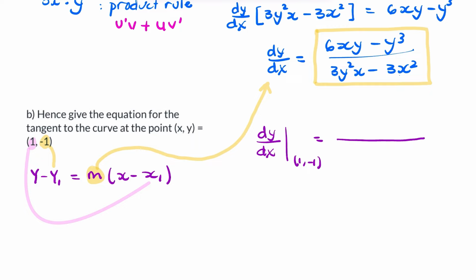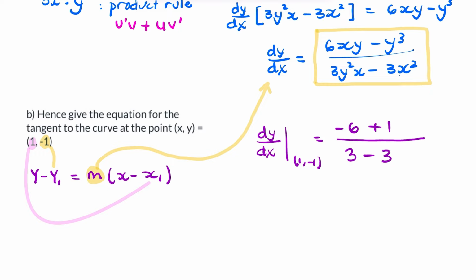In the numerator we would have 6 times 1 times negative 1, that's negative 6, minus negative 1 cubed, that's plus 1. And in the denominator, we'd have 3 times negative 1 squared times 1, that's 3, minus 3 times 1 squared, that also gives you 3.